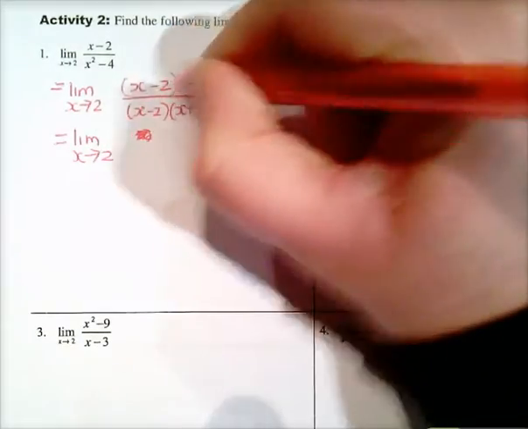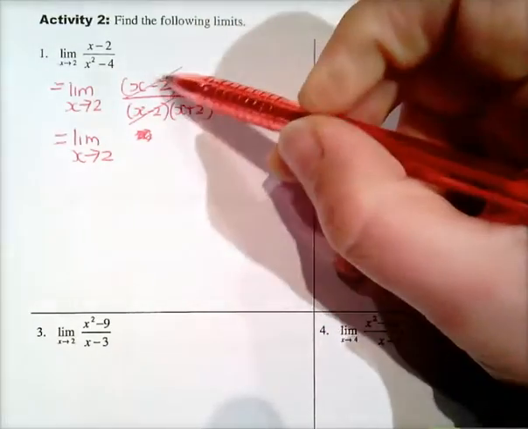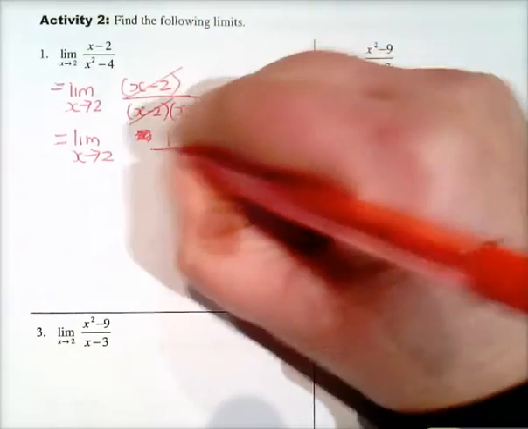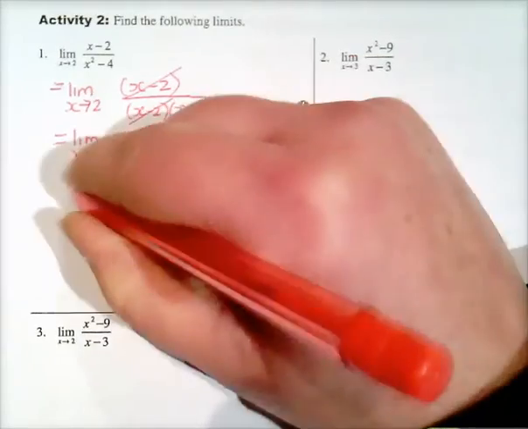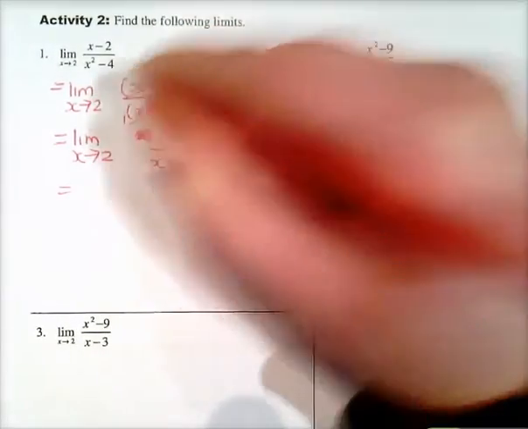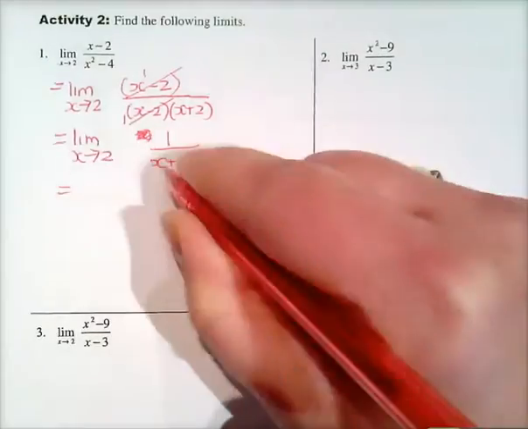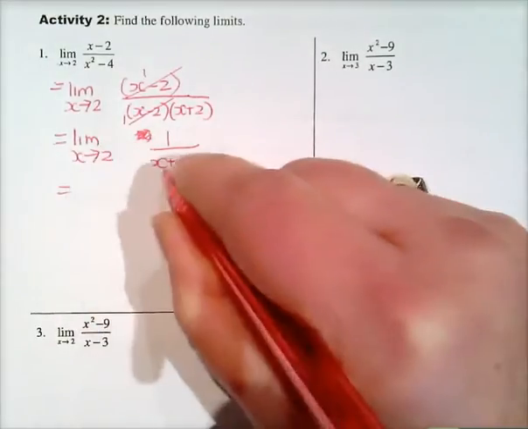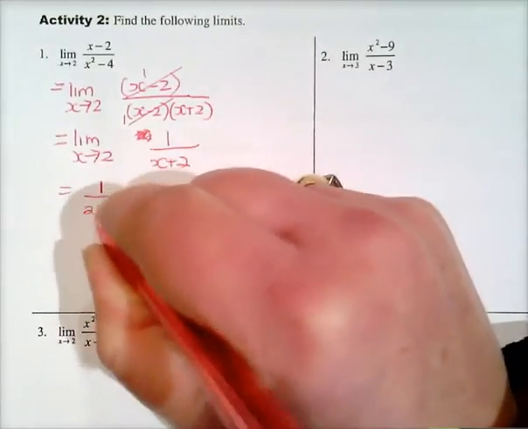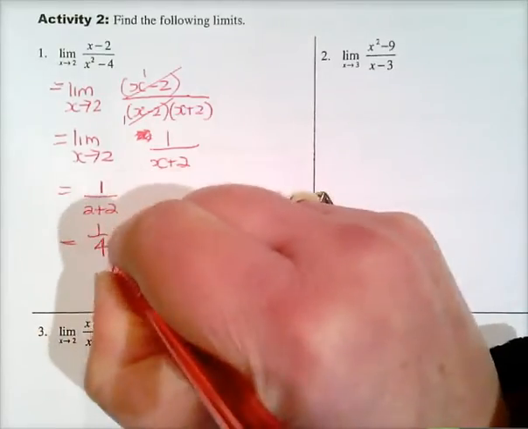Now the factorization is complete, we can cancel from the numerator and the denominator there, and we end up with 1 over x plus 2. Because when these cancel, you get 1's in their place. So now that we're doing the substitution, we substitute x equals 2 in here, and we get 1 over 2 plus 2, which is 1/4.